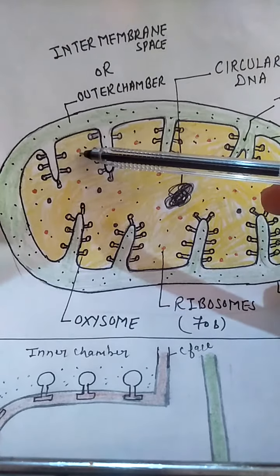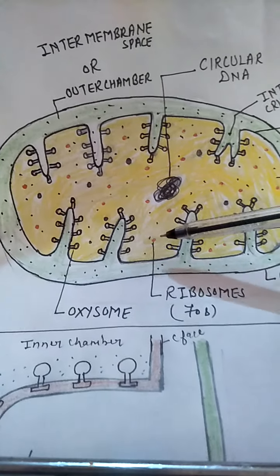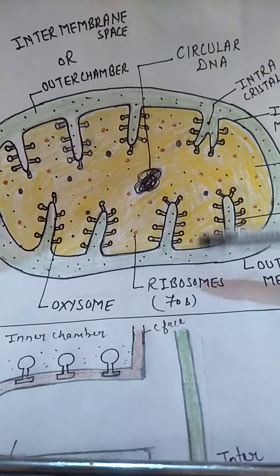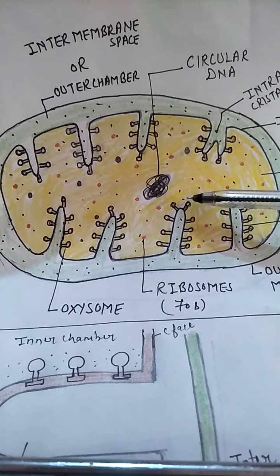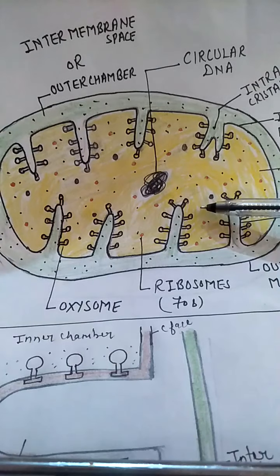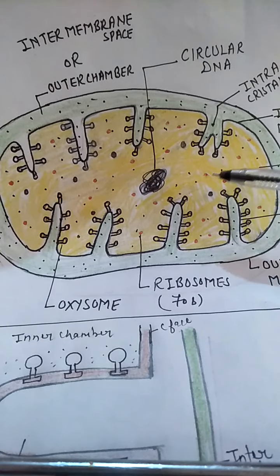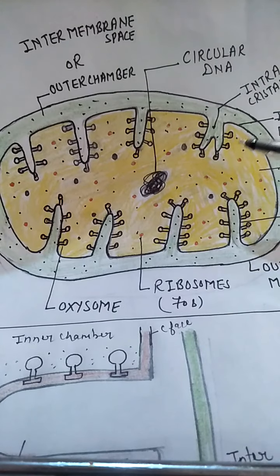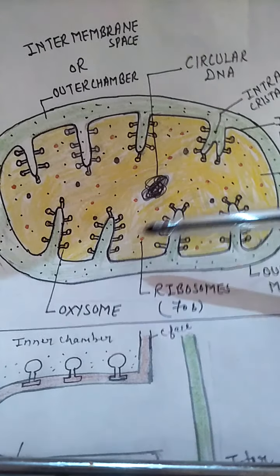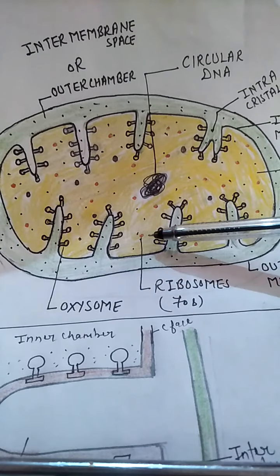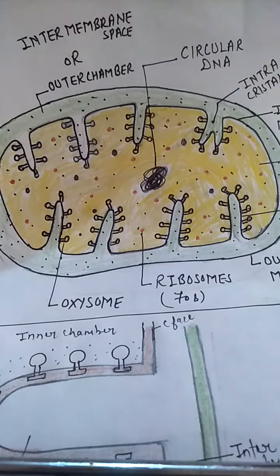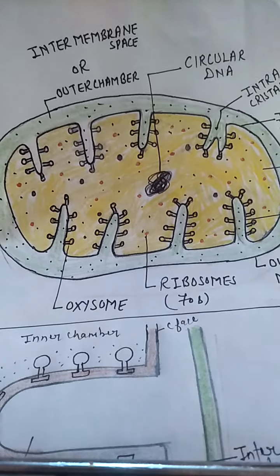Now you can see the red color structures I have shown. These are the ribosomes, and 70S ribosomes are present inside the mitochondria. They are also known as mitoribosomes, as they are different from cytoribosomes. Cytoribosomes are ribosomes present in the cytoplasm, and mitoribosomes are ribosomes present in the mitochondria, and they are responsible for protein synthesis in the mitochondria.